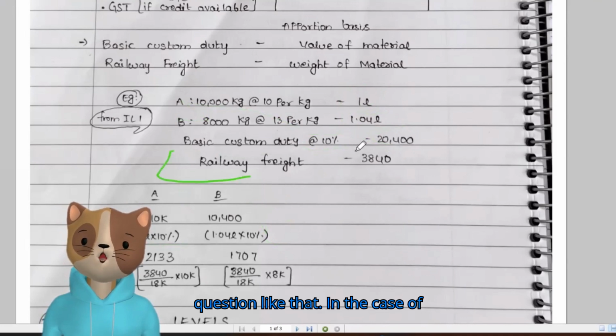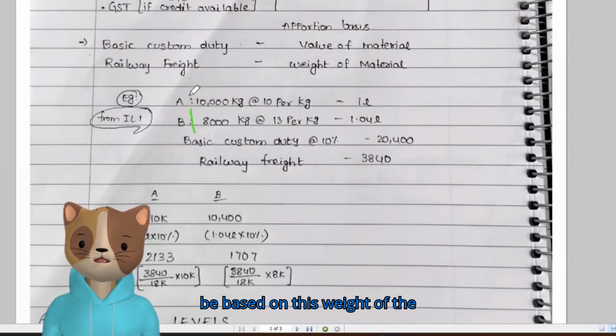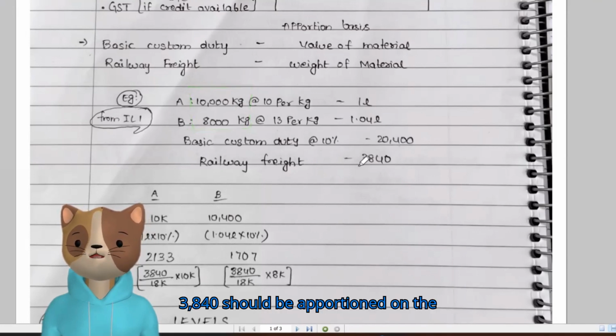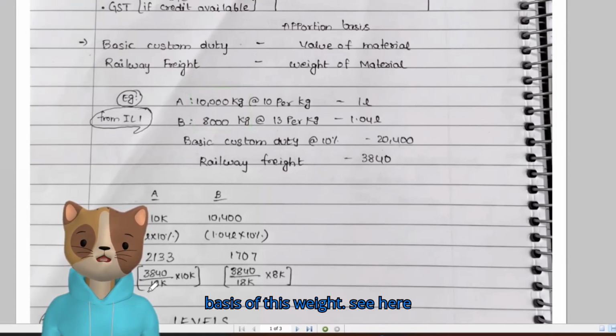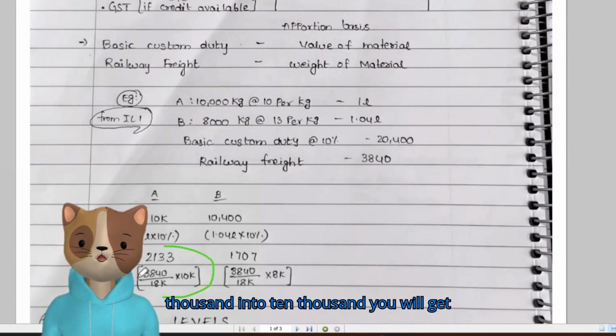In the case of railway freight, this apportionment should be based on the weight of the material. One is 10,000 and the other is 8,000. So 3,840 should be apportioned on the basis of this weight. See here, 3,840 by 18,000 into 10,000.